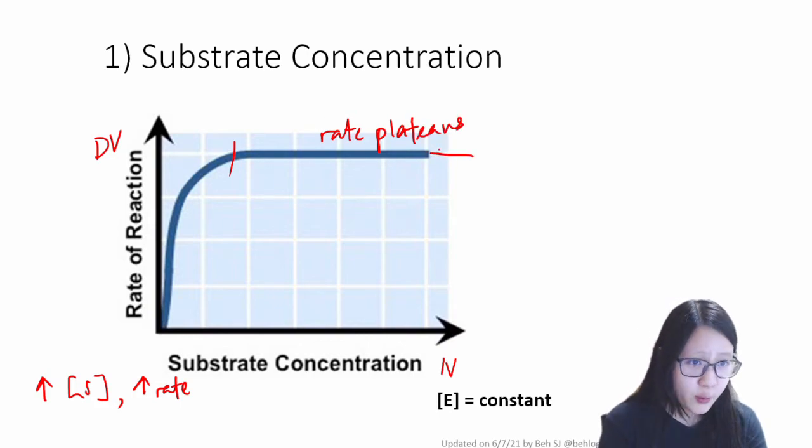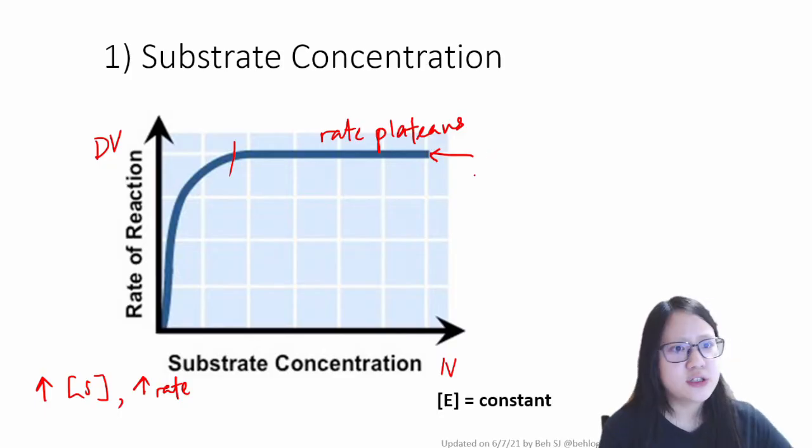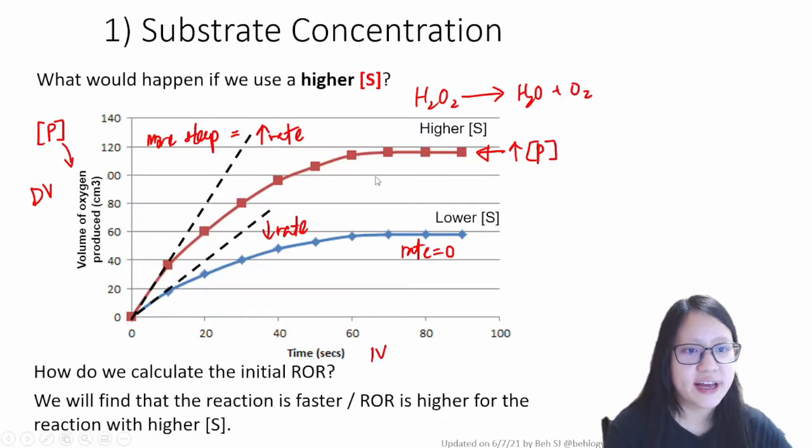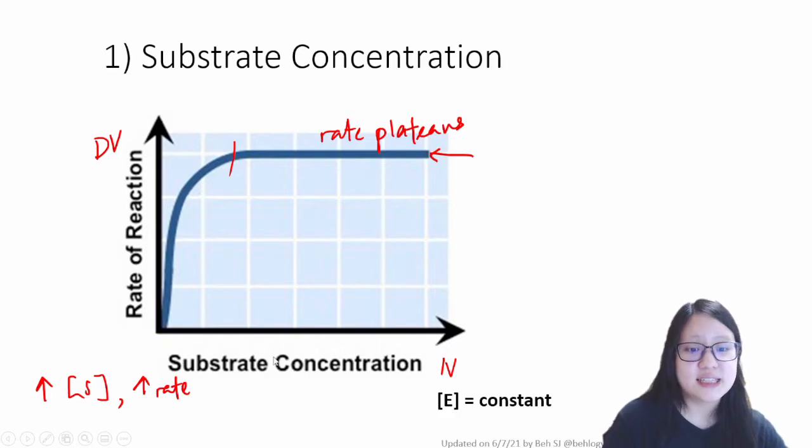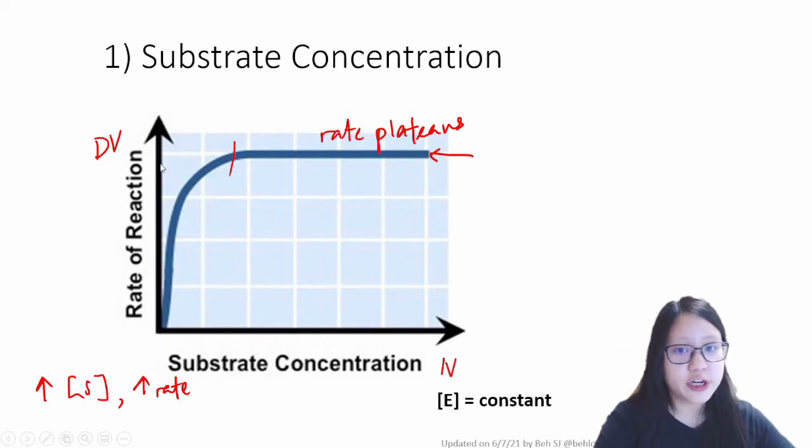Now, at this point, the rate is not 0. I think that's a very common hypothesis, right? It's because you're thinking of this previous graph right here. You're like, oh, look, the reaction has ended and therefore it plateaued. But that x-axis was time. This x-axis is substrate concentration, and the y-axis is rate of reaction.